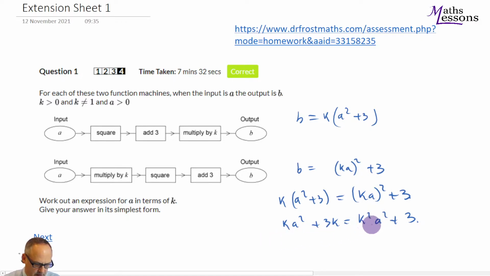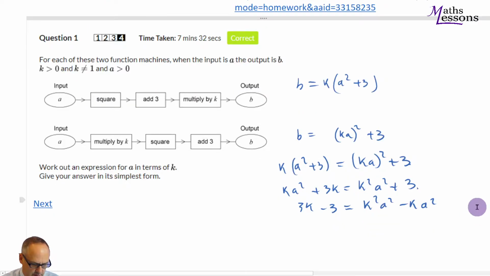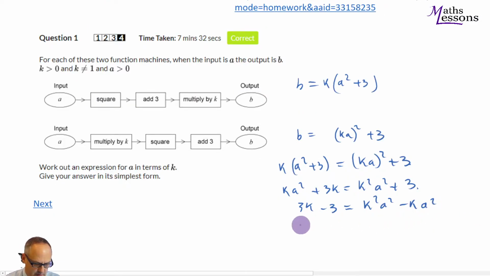So if we take the 3 to this side and the ka squared to this side, we get 3k minus 3 equals k squared a squared minus ka squared. And then we can factorize out the a squared. So we get 3k minus 3 equals a squared times (k squared minus k).